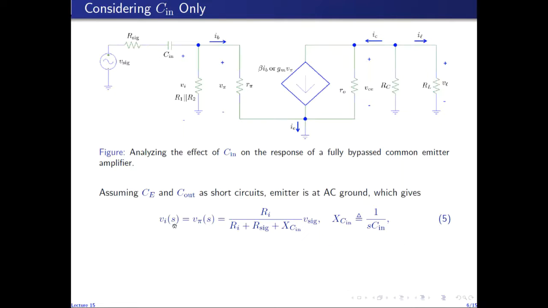And it is a function of the complex frequency variable S, because now it is given by the voltage division of V sig between R sig, C in, and Vi.